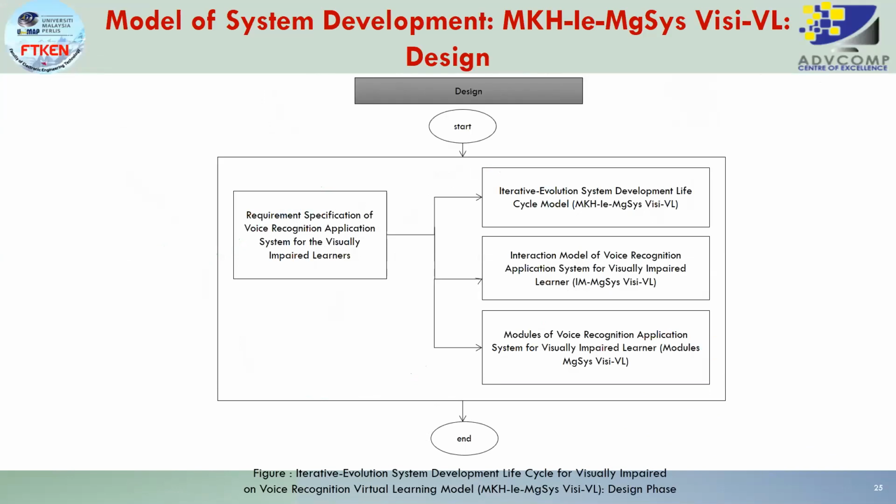Right, this is the second subphase, which is the design stage. At this stage, the design process flow will rely on the requirement specification defined at the first subphase. And as you can see, this is the process flow.